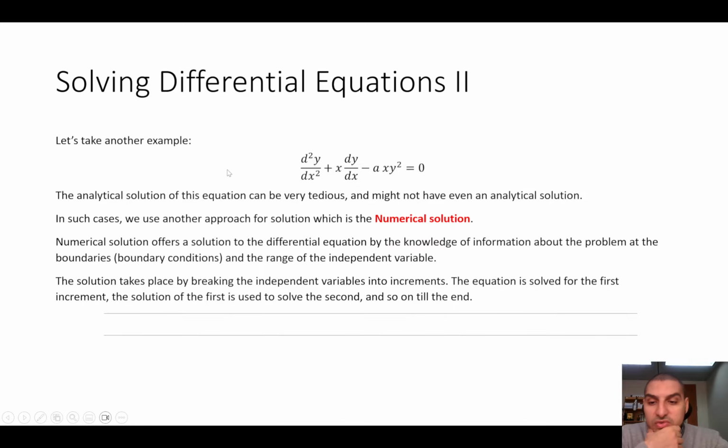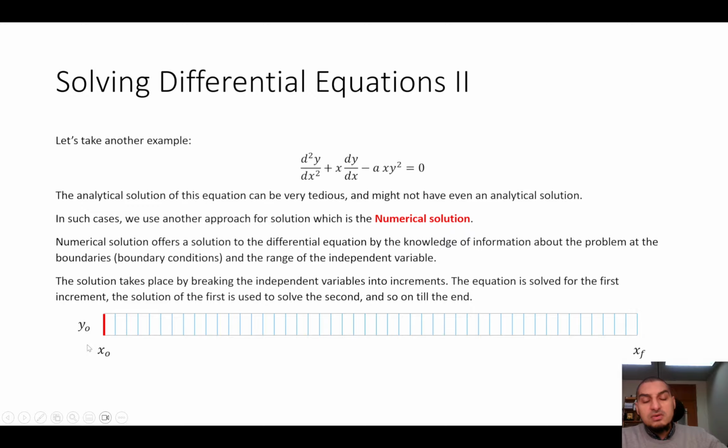If we want to do the integration, then we need to know, for the numerical solution, and this is a big difference between the numerical and the analytical solution, the initial value and the final value of the independent variable, or the limits of the independent variable, where it starts and where it ends. And also we need to know the value of the dependent variable, which is y, at x equals x naught.